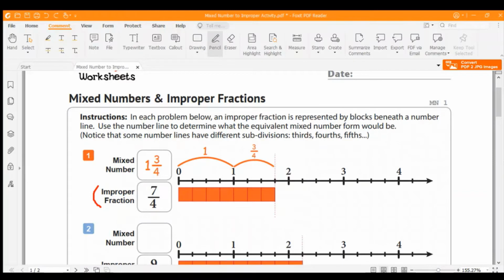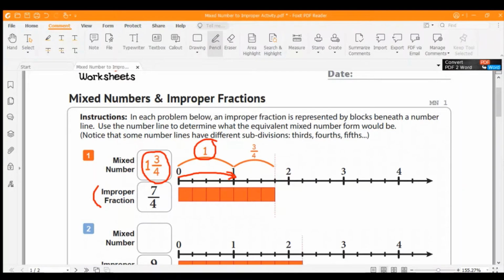But if you look above, we're now going to look at the mixed number, because it's really the same distance. It's the same amount. What they're doing, instead of counting up each individual little piece, is going from the whole number and incorporating some of the pieces at the same time. For example, to go from 0 to 1, that's a whole distance. That's one whole number, not a fraction, but a whole distance.